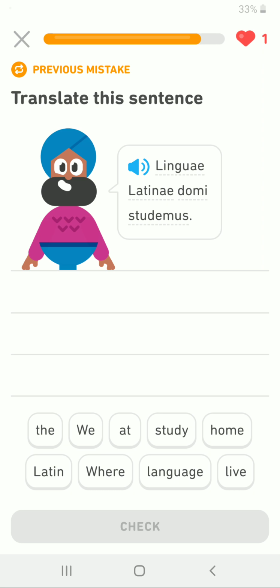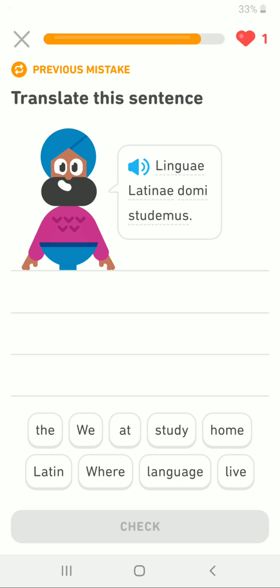Linguae Latinae domi studemus. I hope we will understand the logic later on. So linguae Latinae domi studemus. Again, we see that's the correct form when lingua latina is in the object position in the sentence.